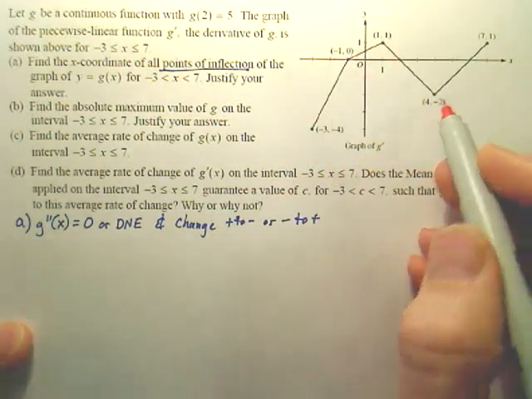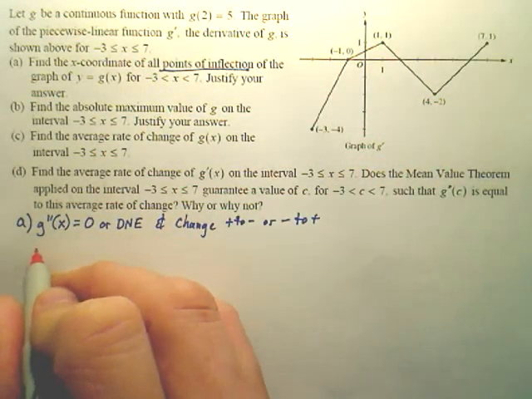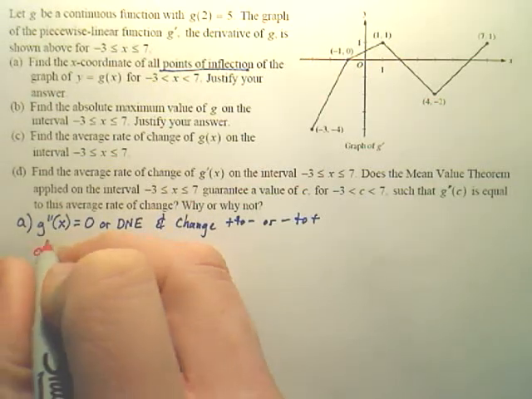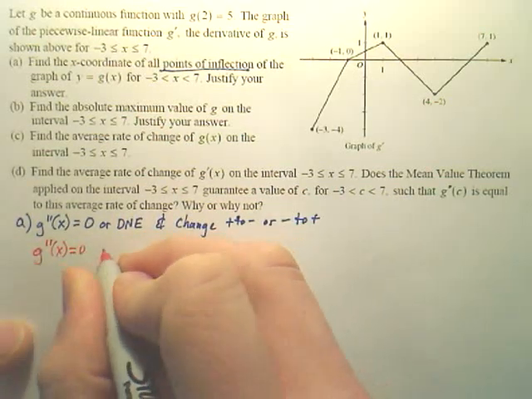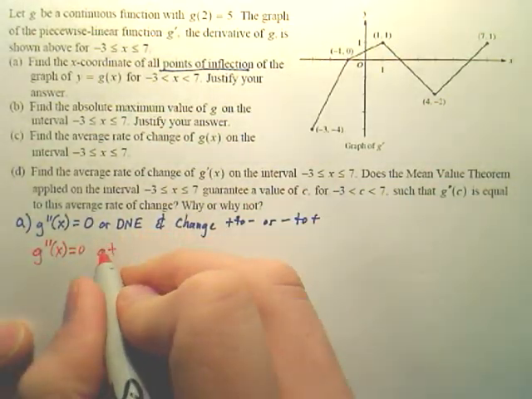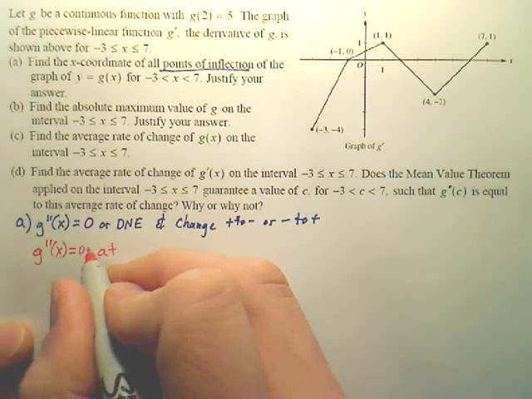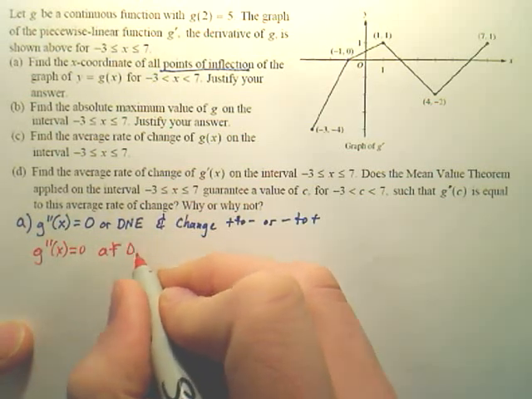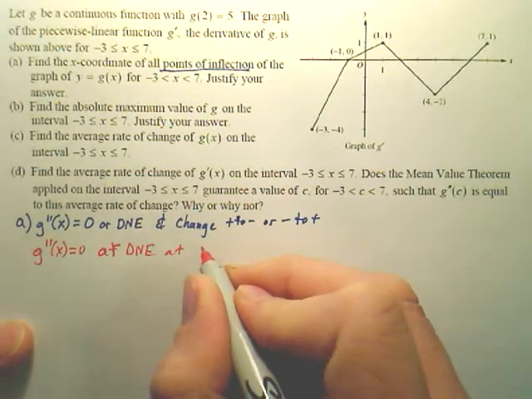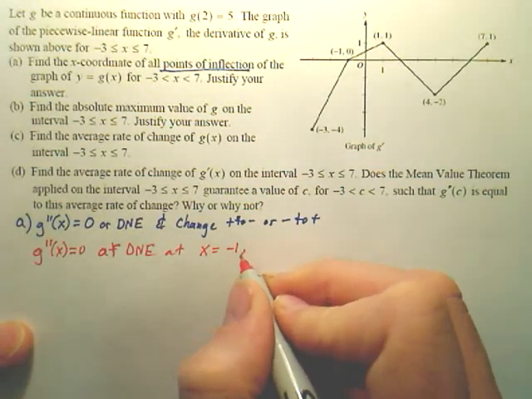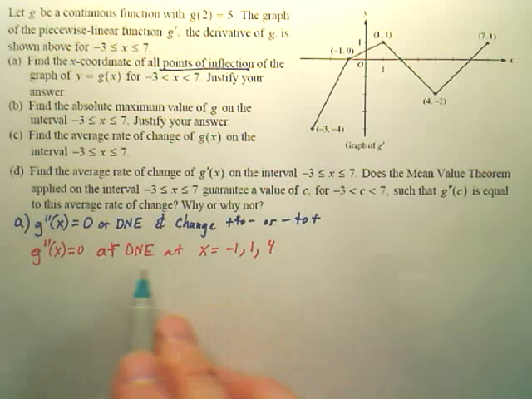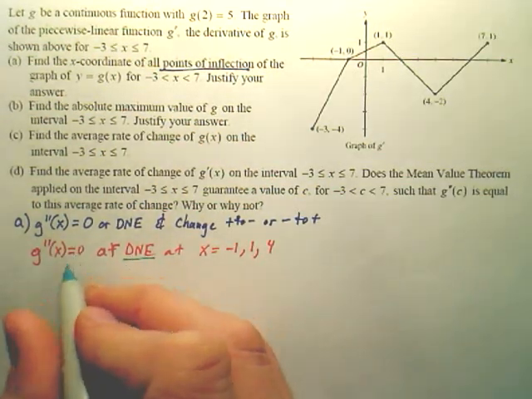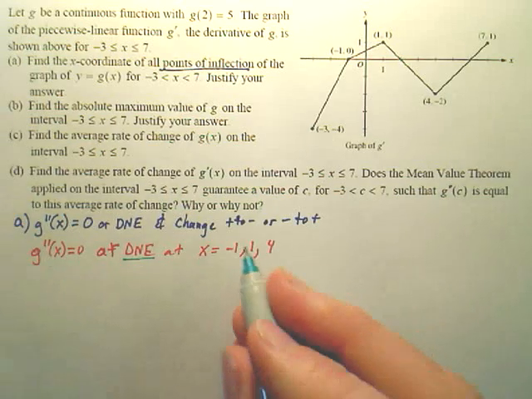So what I do is I look at this graph and I find when G double prime of x equals 0 or does not exist, at x equals -1, 1, and 4. Those are your places where it does not exist. There's no equals 0. So those are your possibilities.